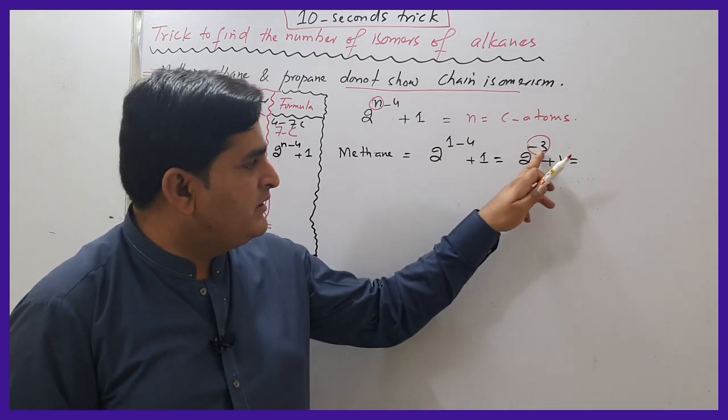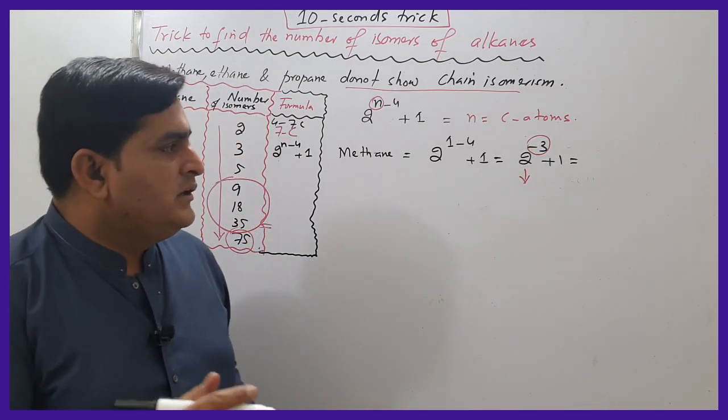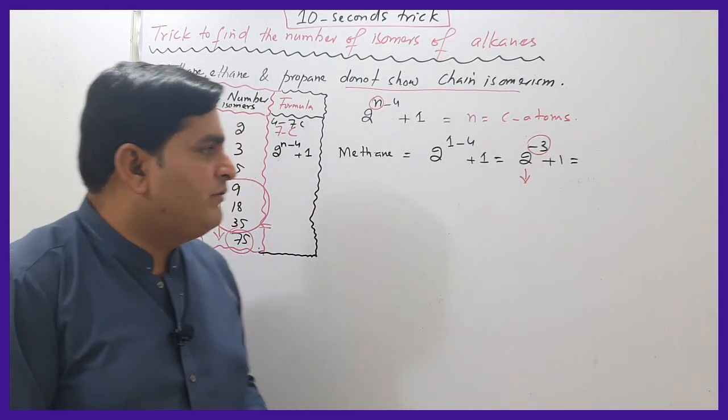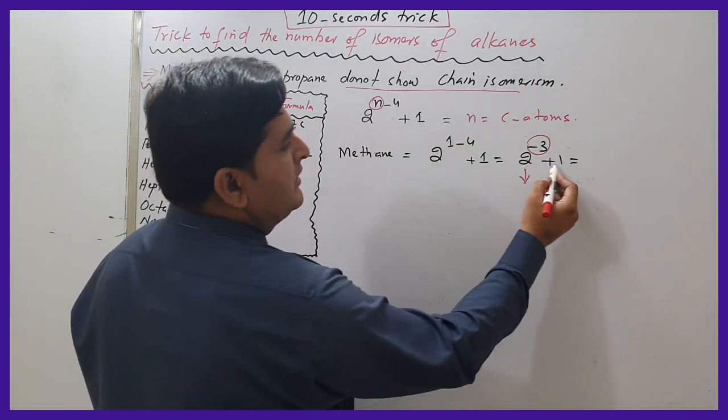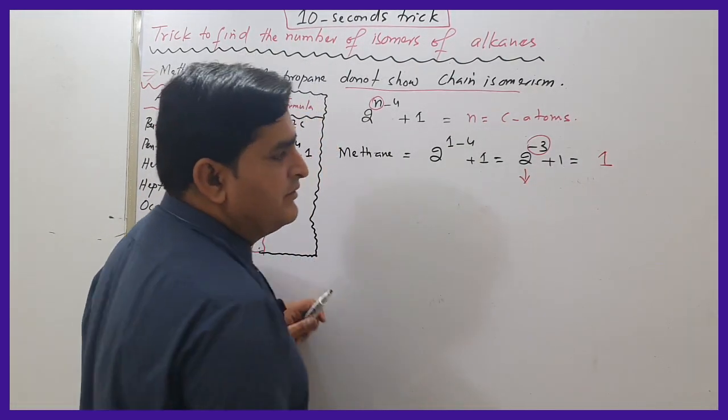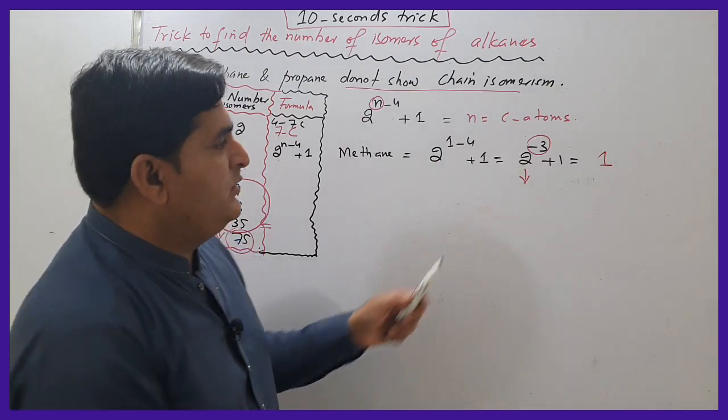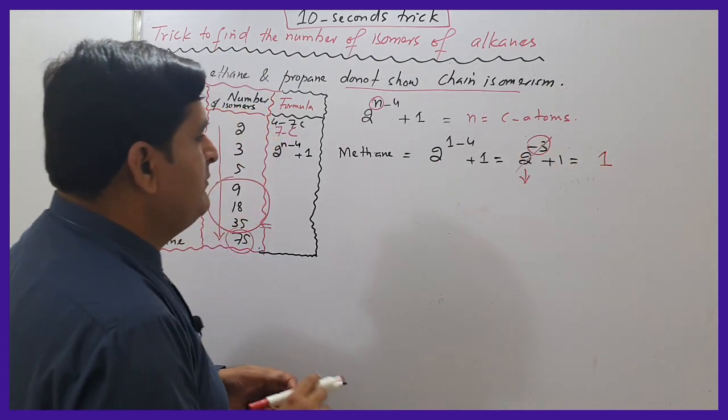So when a value less than 1 is added to 1, it becomes almost 1. So we neglect this value, and the number of isomers will be 1.